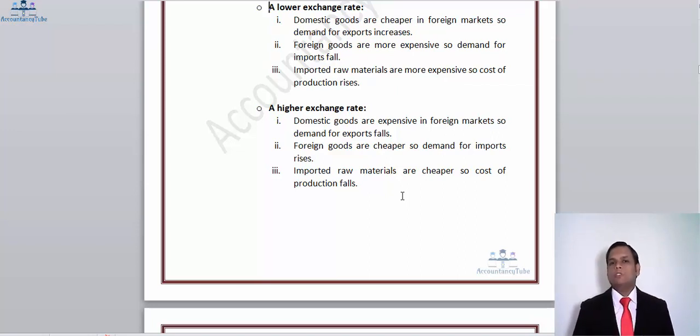Because domestic goods are cheaper in the foreign market, the export increases. At the same time, foreign goods become more expensive, so the demand for import starts to fall.